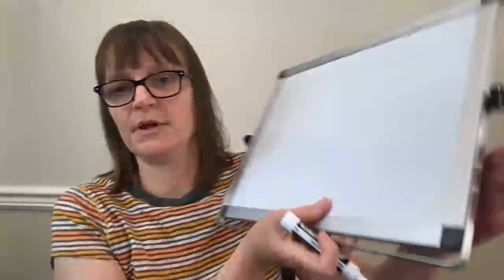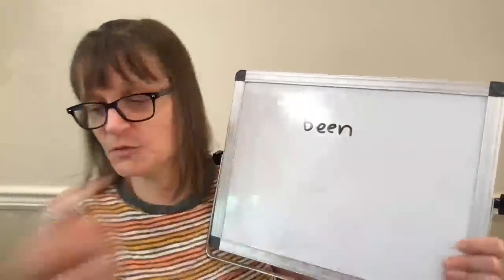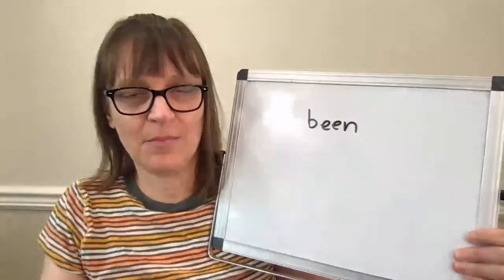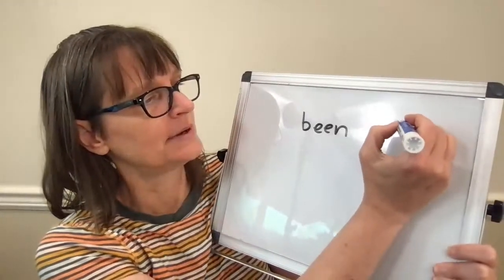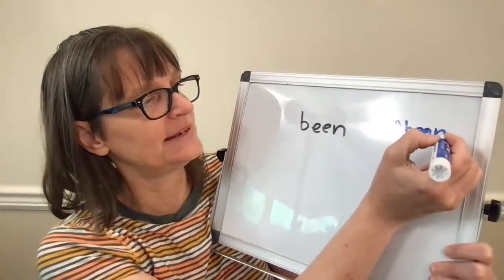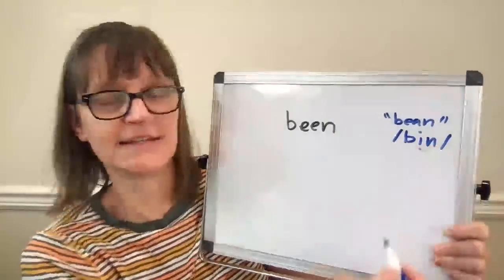Yes. We have a question about the word bin. This is a good one to look at because many people tend to mispronounce it as the same as bean, which has the tense E sound.